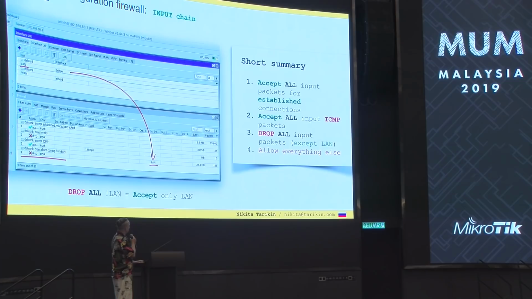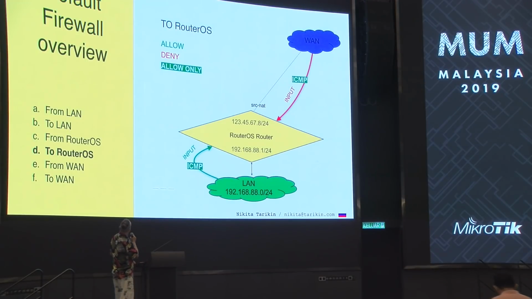And MikroTik will drop all input packets except LAN. So to be clear, that's how it looks like. It will decline all input traffic except ICMP.